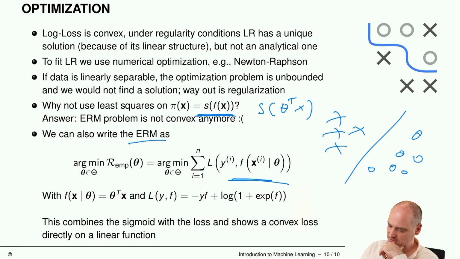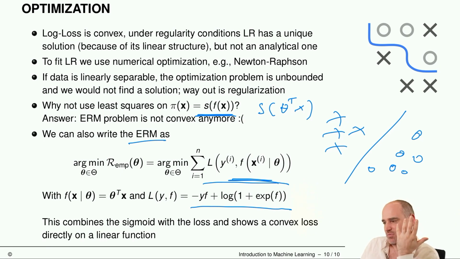You can also write it down with a loss function that directly acts on the predicted score f. This loss function is just another way of writing down the log loss or the Bernoulli loss, but now the loss incorporates the S, and we directly apply it to the predicted scores.